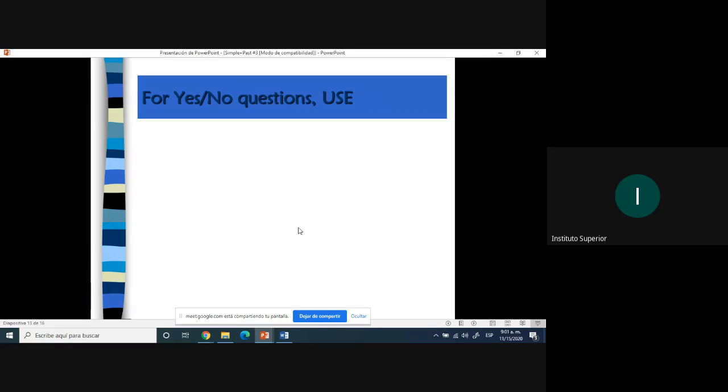Now help me out. Before we move forward, ¿cómo creamos una oración con el verbo be que sea negativa? Deme un ejemplo. Sí, sé que estamos escribiendo en el aire, pero ¿cómo creo una oración con el verbo be que sea negativa?